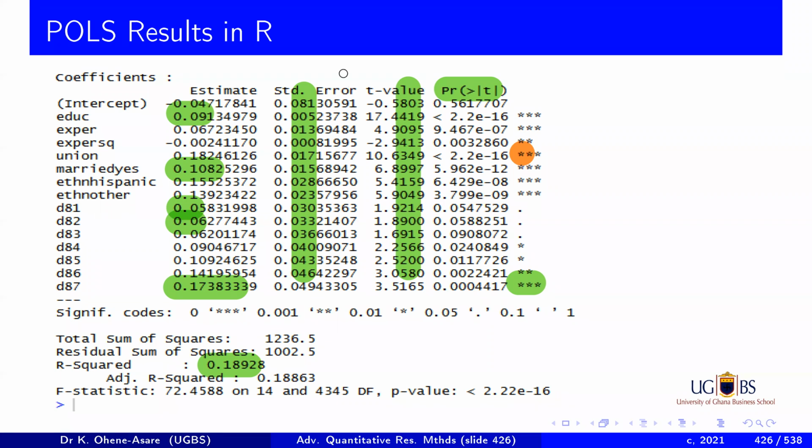We are using the R square, and we are using the F statistic. The F statistic here is also very important, and you can see that it is indicating a joint significance. On the basis of the joint significance of the F statistic, we can say that 19% of the variability in all the independent variables has been explained. But it also means that there is about 81% unexplained. That is serious.